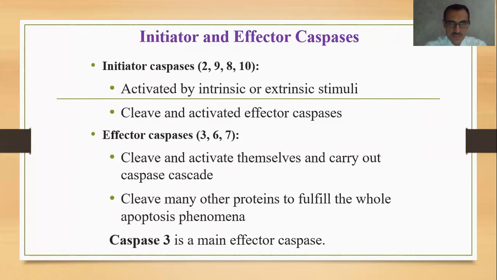Effector caspases, such as 3, 6, 7, cleave and activate themselves and carry out the caspase cascade, cleaving many other proteins to fulfill the whole apoptosis phenomenon. Caspase 3 is a main effector caspase.